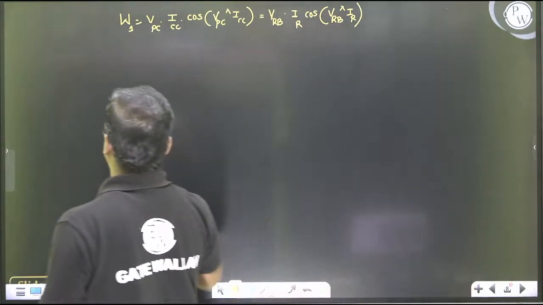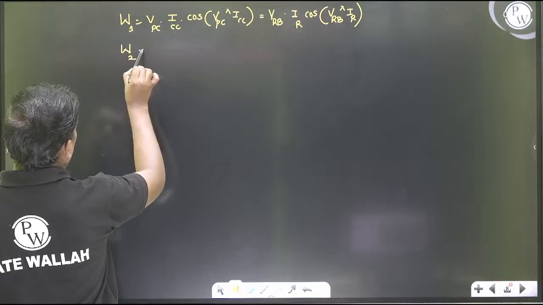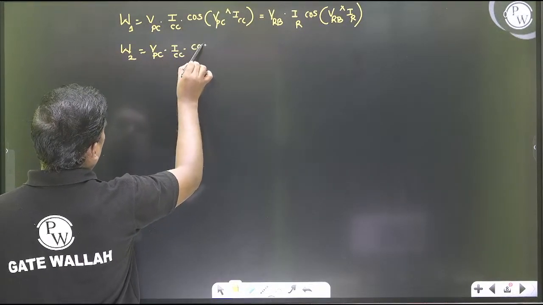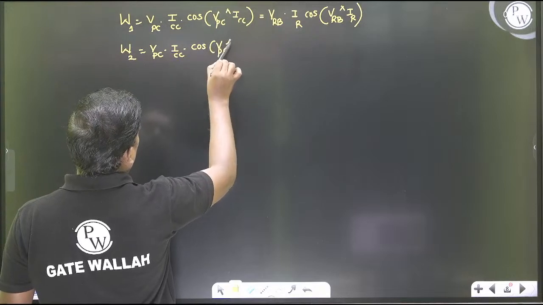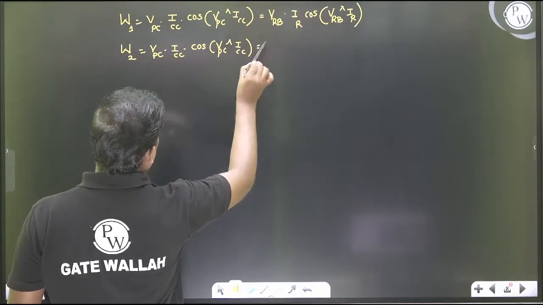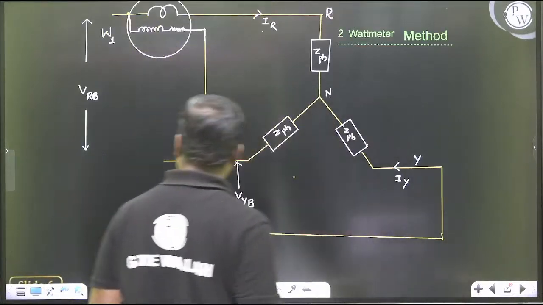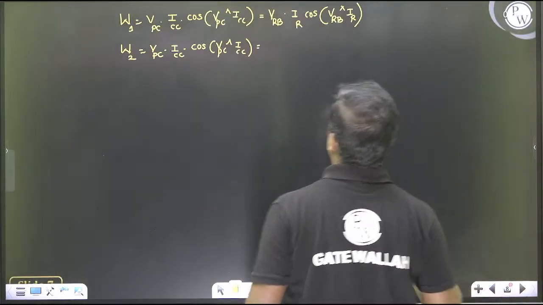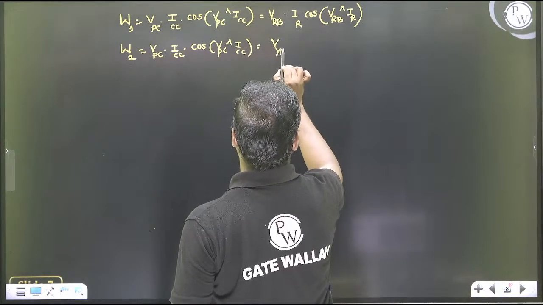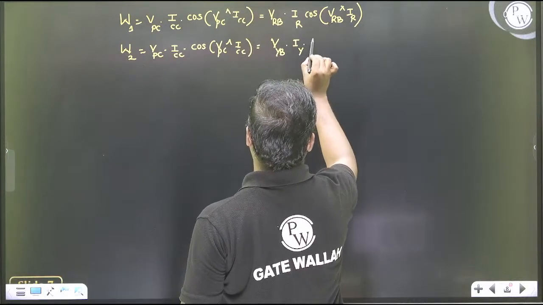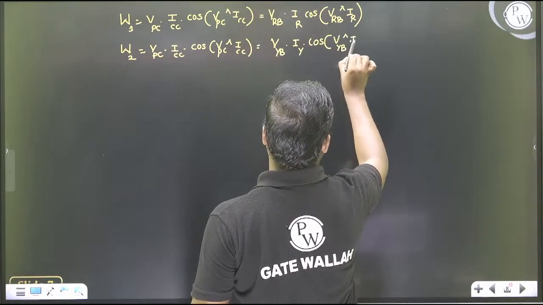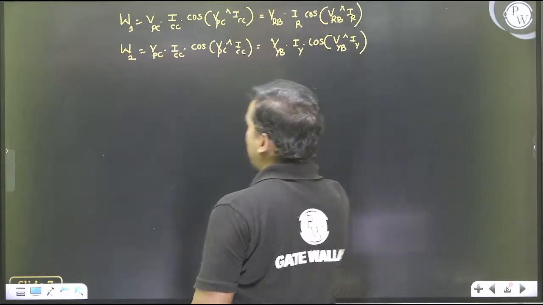Next, if you check the W2, this also VPC, ICC, cosine angle of VPC and ICC. So if you see the pressure coil, this is between Y and B. So this is VYB into IY cos of VYB into IY. Am I right?